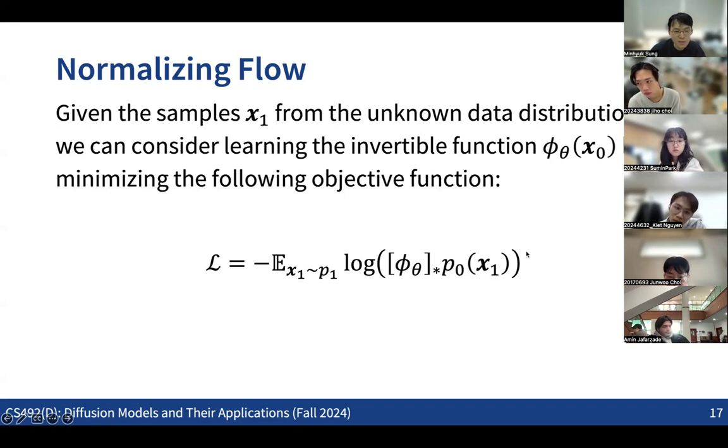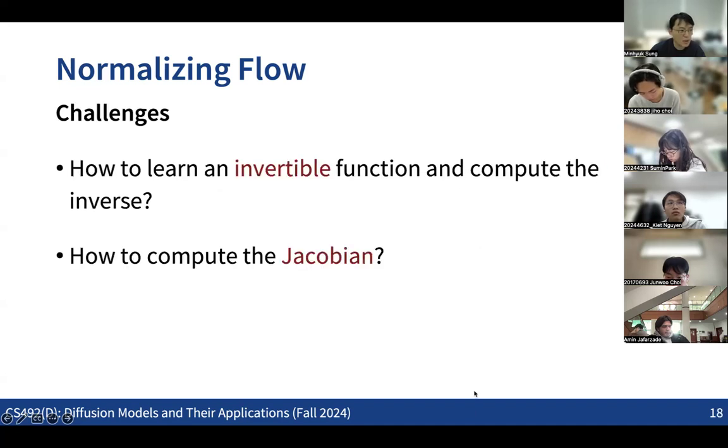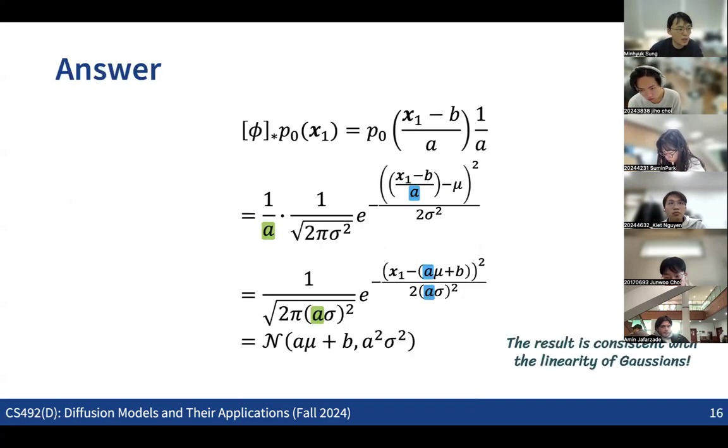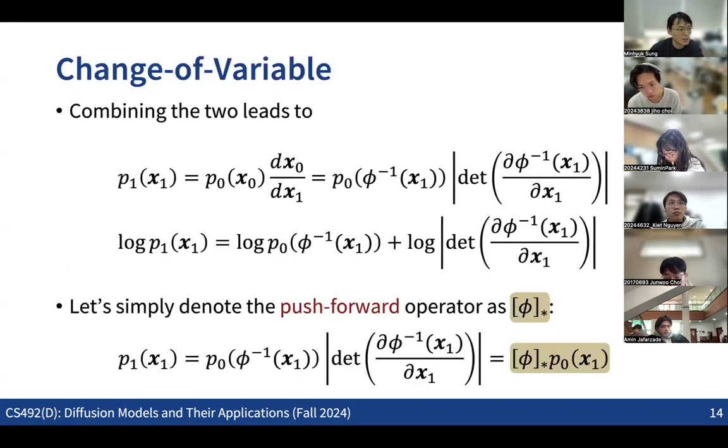And there are lots of details in terms of how we can calculate this loss function. But one of the key things is how we can find such an invertible function. If we go back to the push-forward operator, it involves computing the inverse of the mapping function, right?